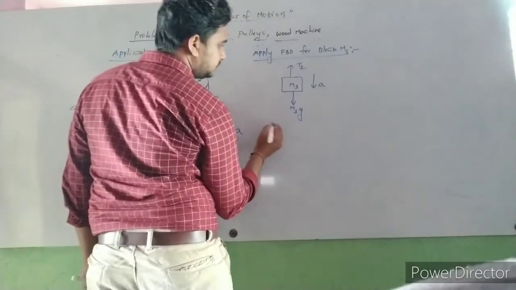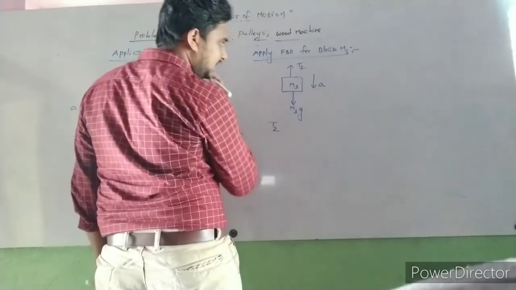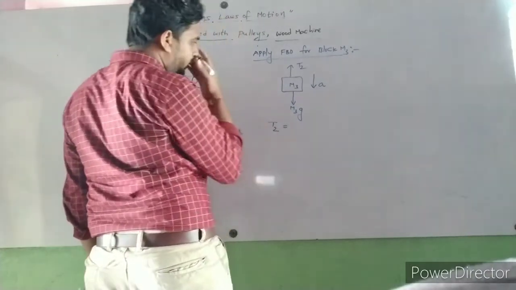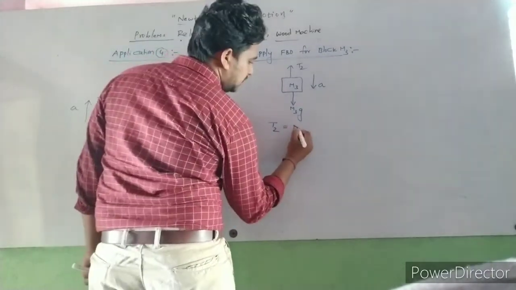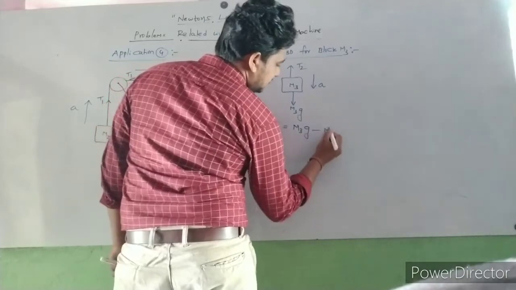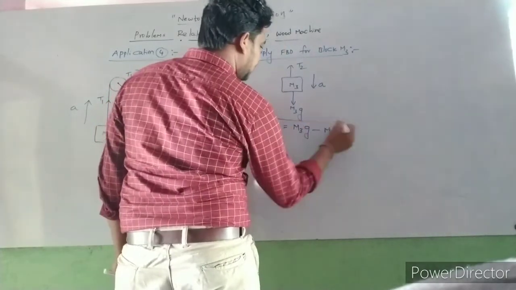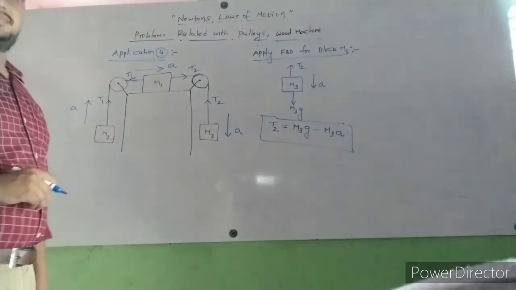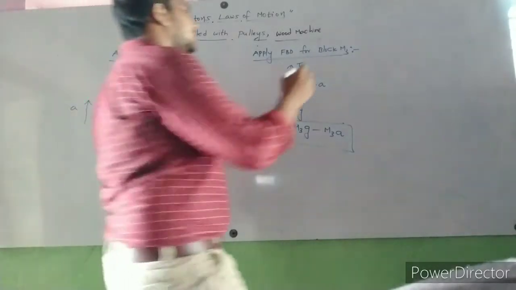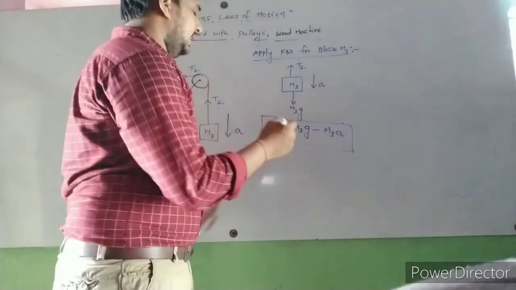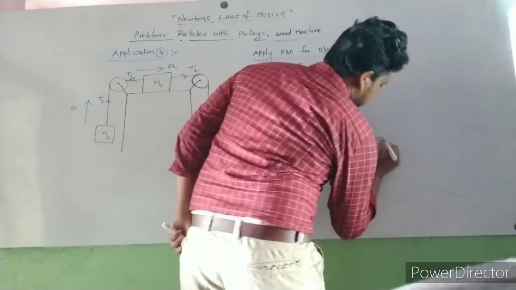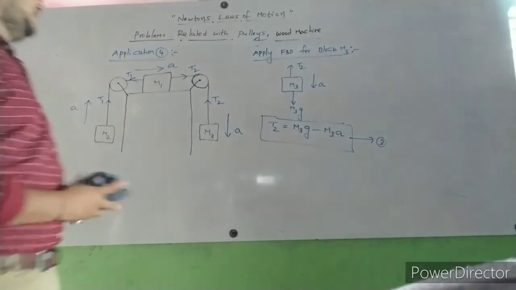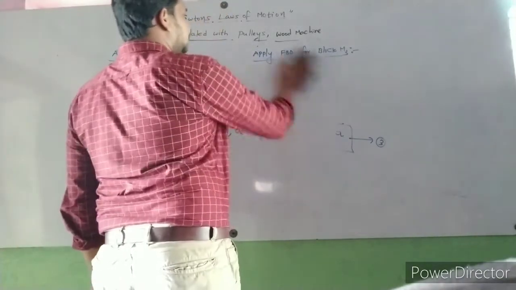From this, tension T2 is equal to M3G minus M3A. If you apply the free body diagram concept, definitely you get M3G minus M3A. This is equation number 3. So from equations 1, 2 and 3, we definitely will get the acceleration, T1 and T2.